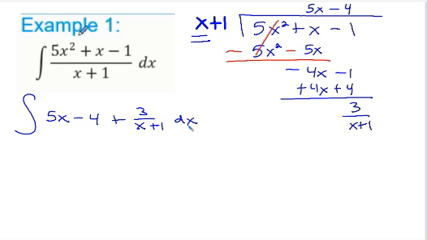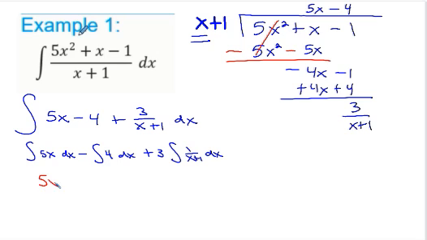We can split this into 3 integrals. We're allowed to do that with our rules of integrals. I can make this the integral of 5x dx minus the integral of 4 dx plus 3 times the integral of 1 over x plus 1 dx. And now it's fairly easy to clean this up. I'm going to have 5x squared over 2 here.